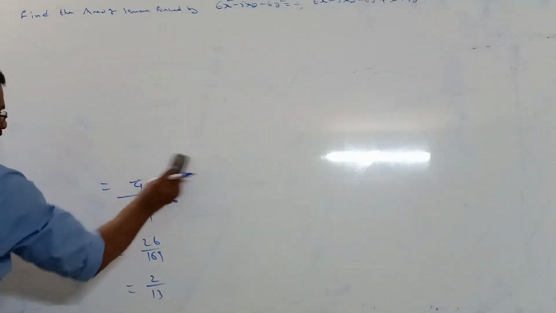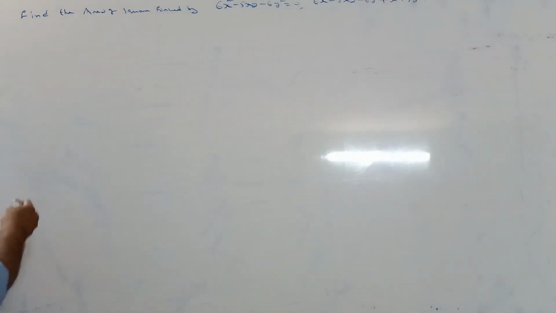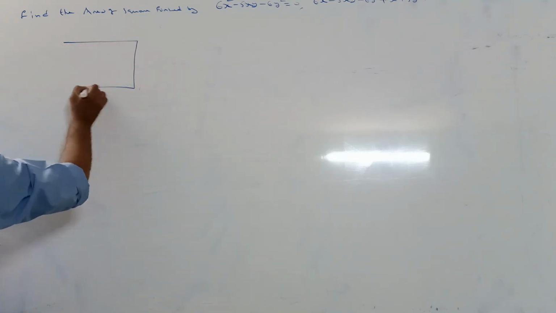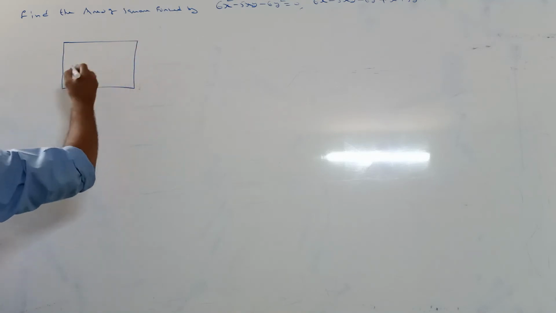What's the statement? They gave 4 lines that form a square, and they are asking for the area of the square.